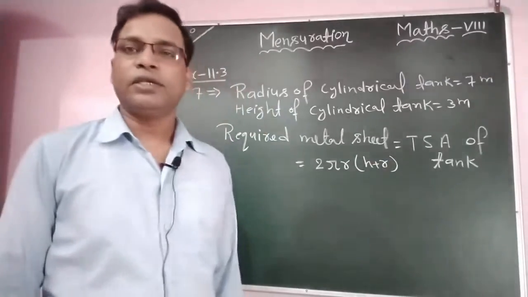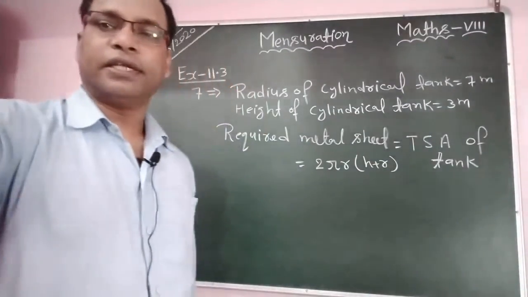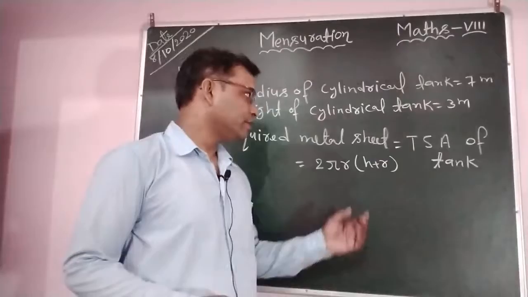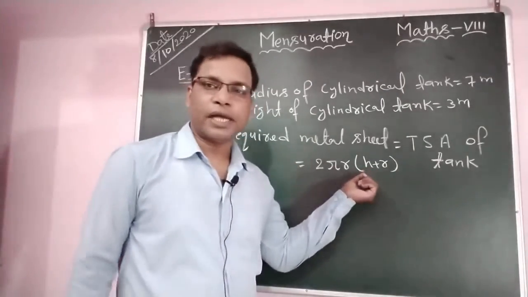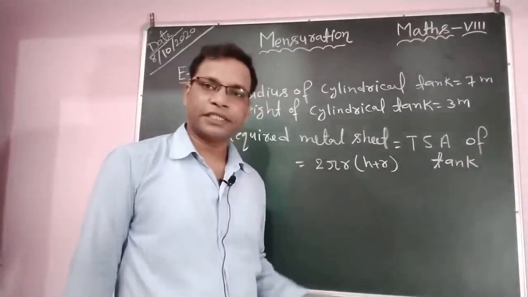This is called the total surface area of a cylinder, where h represents the height of the cylinder and r represents the radius of the cylinder.